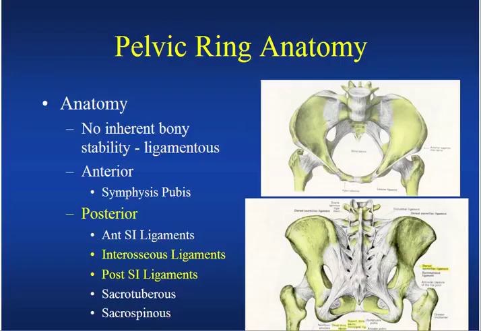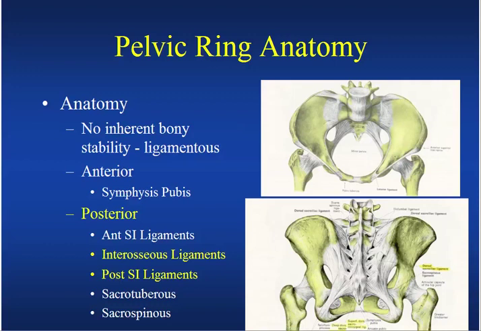Remember that as far as the anatomy of the pelvic ring is concerned, the pelvic ring has absolutely zero inherent bony stability. It's formed by the union of the innominate bones with the symphyseal ligaments anteriorly and the sacroiliac ligaments posteriorly. So the stability of the pelvic ring is entirely dependent upon these ligamentous structures. There's no intrinsic stability.